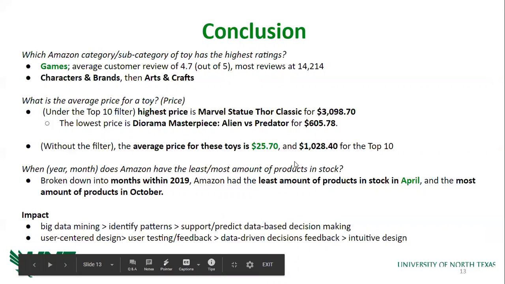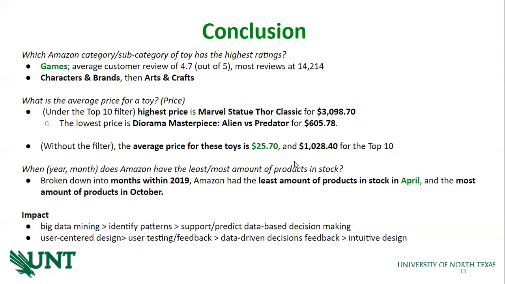The impact of data mining and filtering through and exploring this information goes back to what we're doing: taking big amounts of information and filtering through it to see if we can find any kind of patterns. With those patterns, we found what type of toy people like, how much they're willing to spend on a toy, and also when to restock. It all comes from pivot tables and Excel and exploring all of this information.